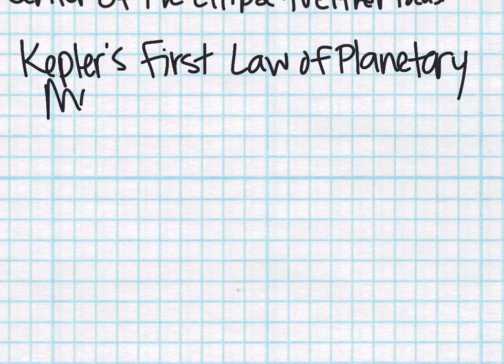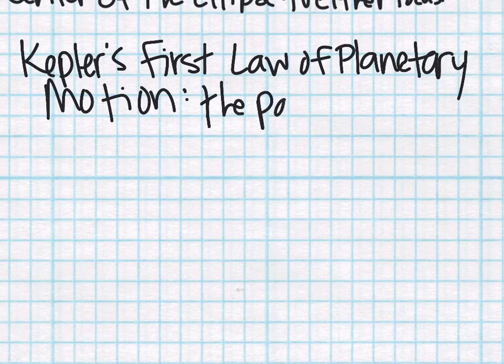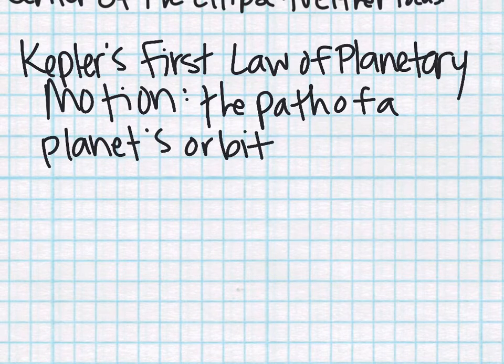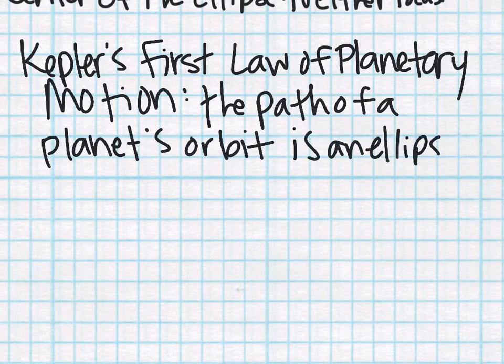His first law says that the path of a planet's orbit is an ellipse with the sun at one of the foci.